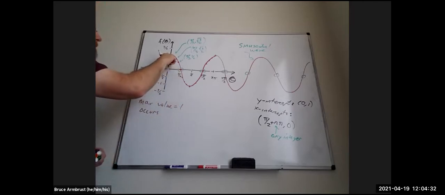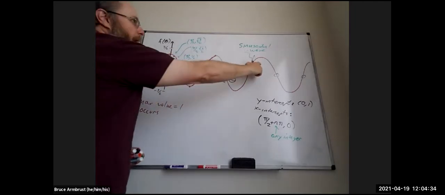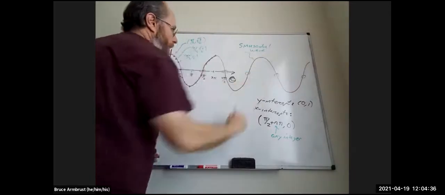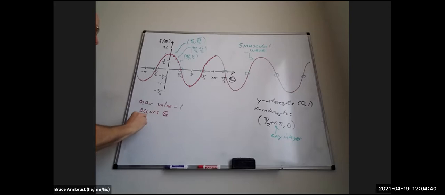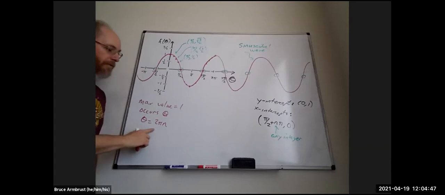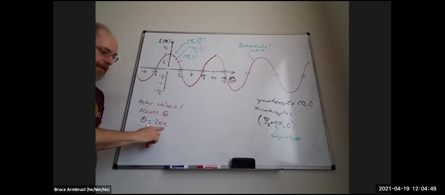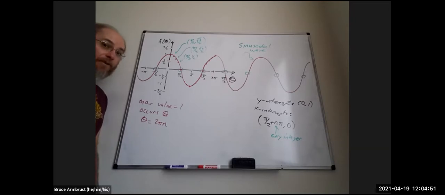There's a maximum at 0, at 2 pi, 4 pi, 6 pi, and so on. And so it's going to occur whenever your angle is an even multiple of pi. So you write 2 pi n.